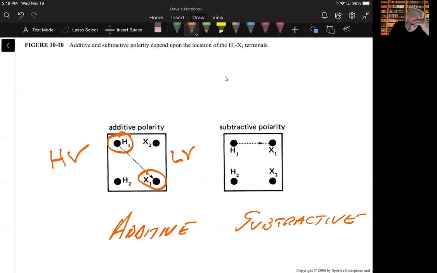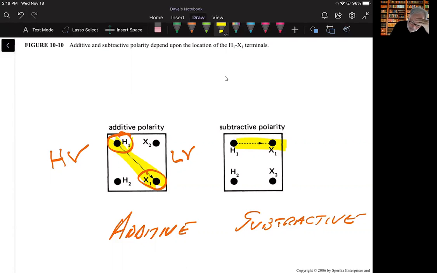A transformer is said to have additive polarity when H1 is diagonally opposite X1. Similarly, a transformer has subtractive polarity when H1 is adjacent to X1. If we know the power transformer has additive or subtractive polarity, we don't have to identify those terminals by symbols or actually perform tests on it and all that sort of thing.